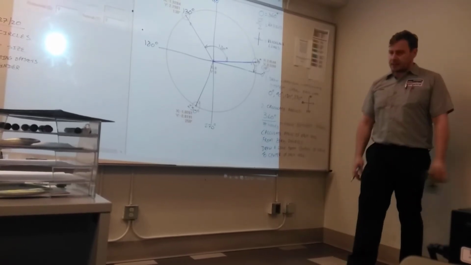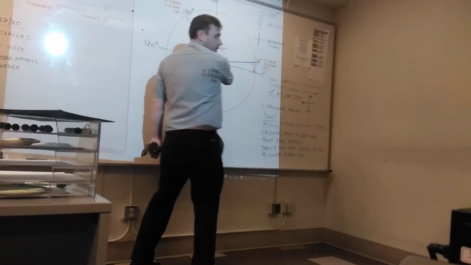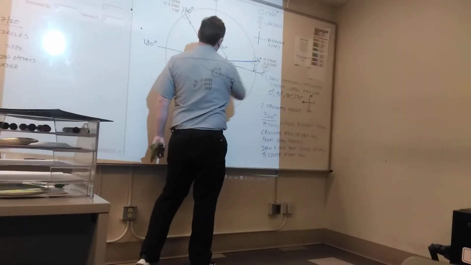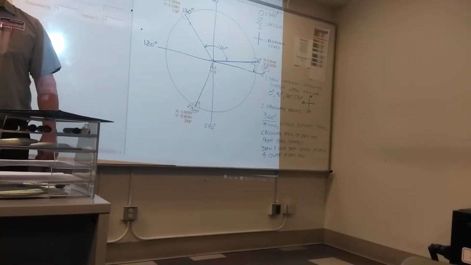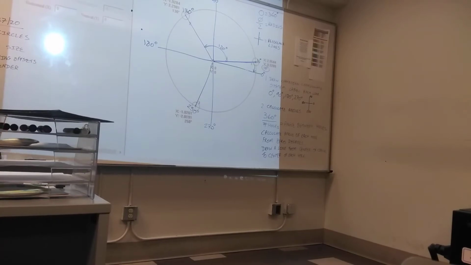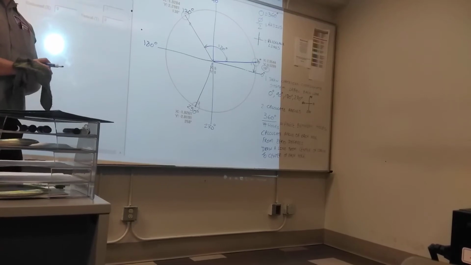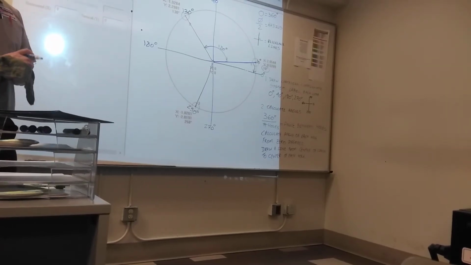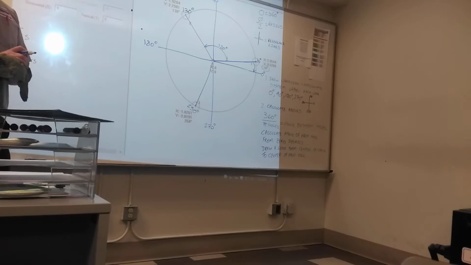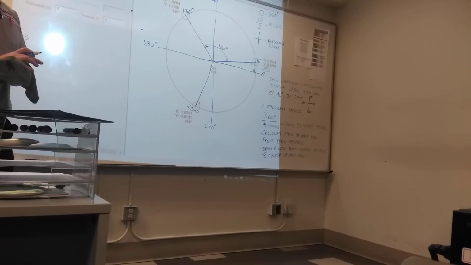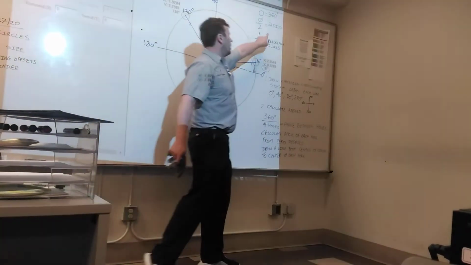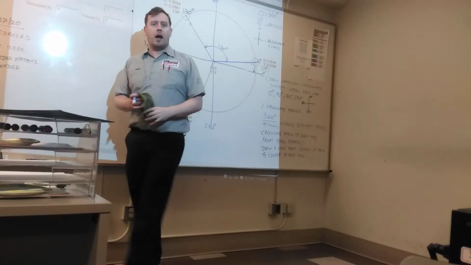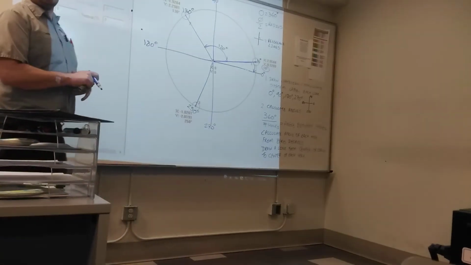So draw a line from the center of the circle, from our 0, to the center of each hole. What is that line called? Someone whispered it, speak up. The center of the circle to the edge of the circle, what's that line called? A radius. How do we get a radius? Half the diameter. What's the diameter? What does it tell you at the bottom?